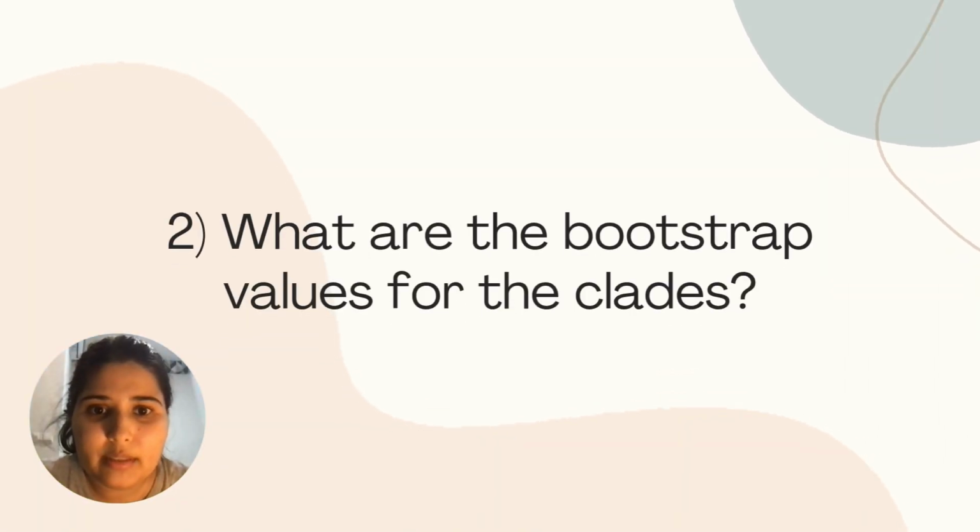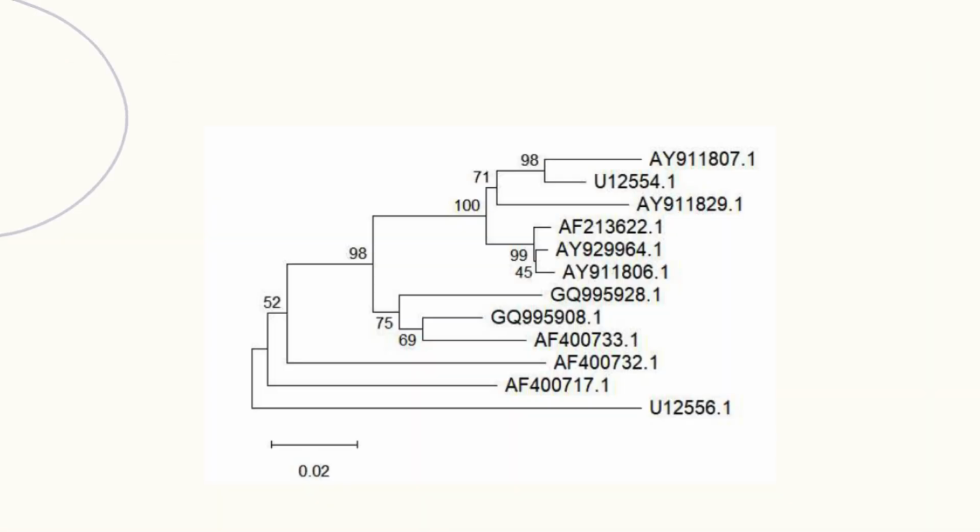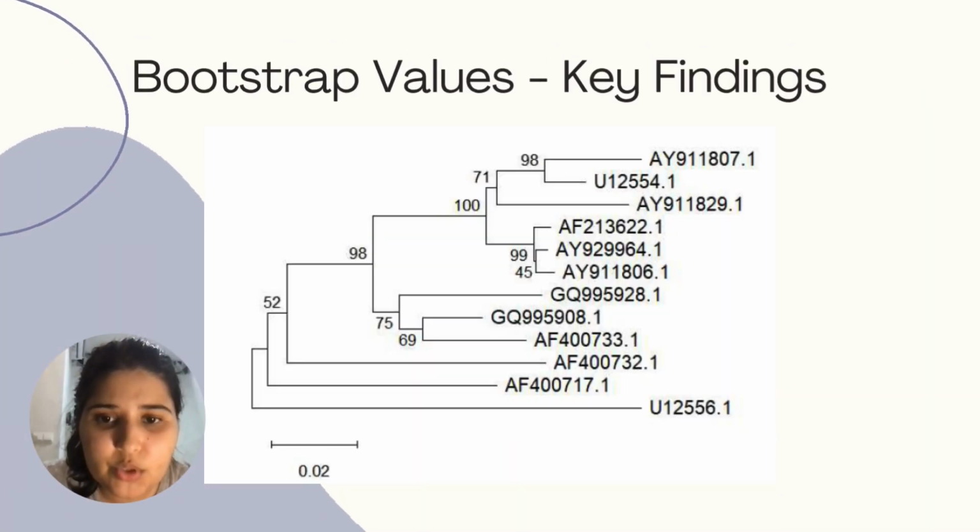Thank you. Our key focus will be on bootstrap values, which are critical statistical measures indicating the reliability of each branch on our evolutionary tree. So, what are bootstrap values?